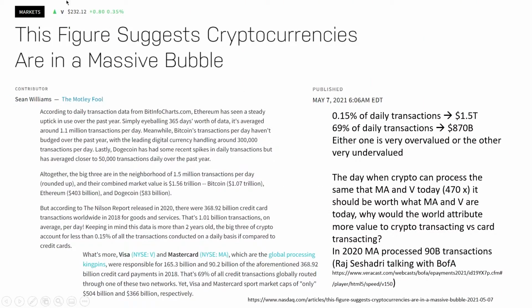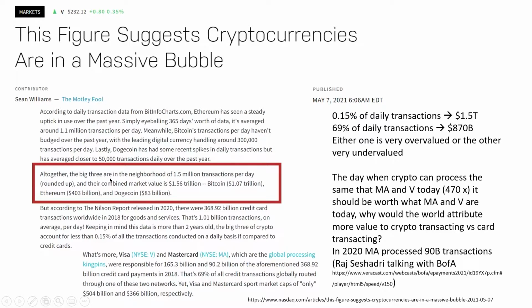And let me show you something here, a nice article from Nasdaq.com, contributed by the Motley Fool, which has interesting numbers that I want to share with you. One of them is that the big three, meaning Ethereum, Dogecoin, and Bitcoin, are in the neighborhood of 1.5 million transactions per day.